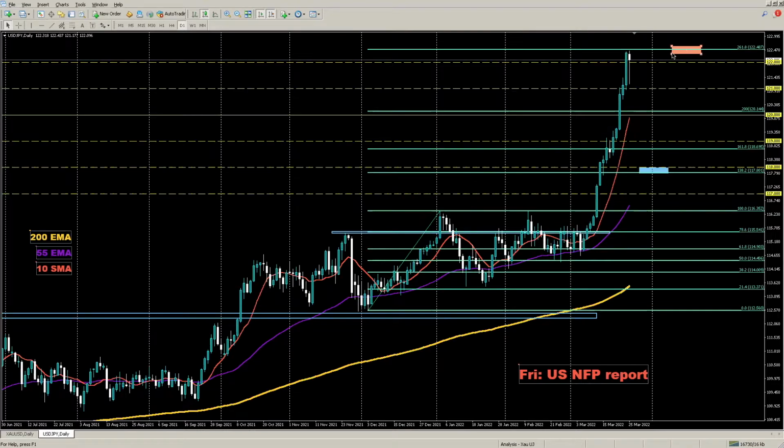And we may need to add the, let's move this support for now to 120, where the 200 fib extension is. Okay. So we'll see if there's going to be a pullback after this first significant pullback on the Friday.